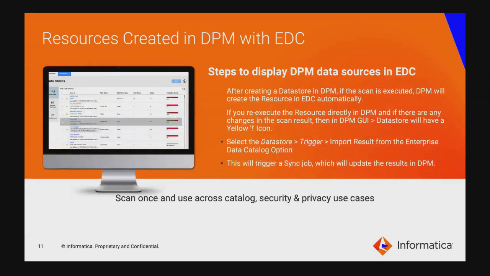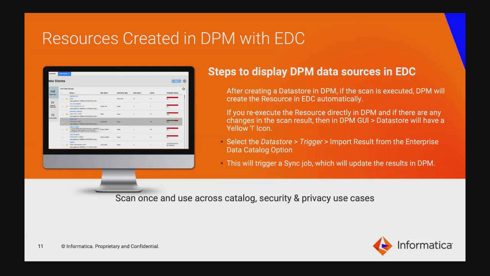But the other way is also true. If you're a DPM customer and you have used data privacy management only, and you're creating these resources in data privacy management, this is called data stores. If you're creating these resources in DPM, then these resources created in DPM are actually created in EDC. The platform is the place where this is created.